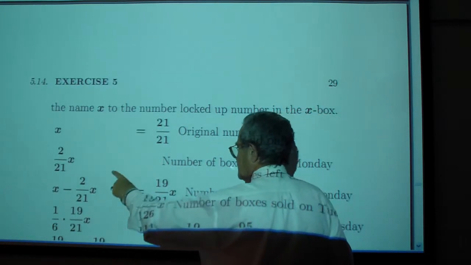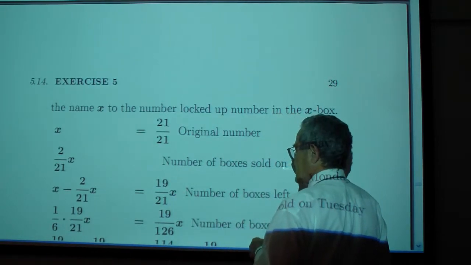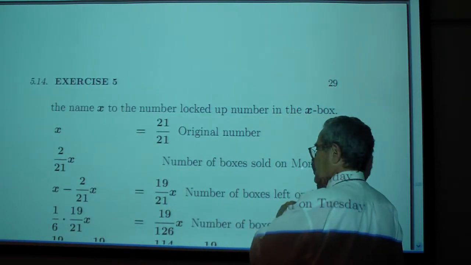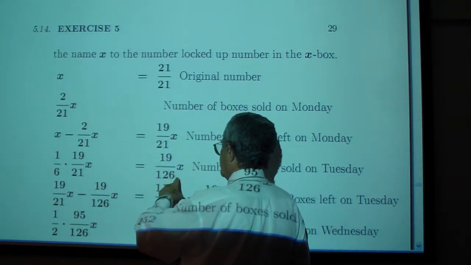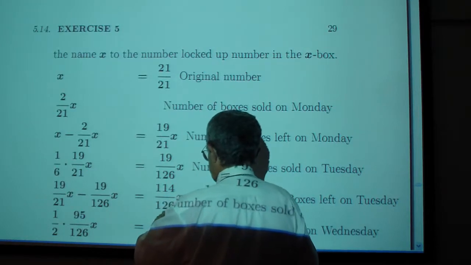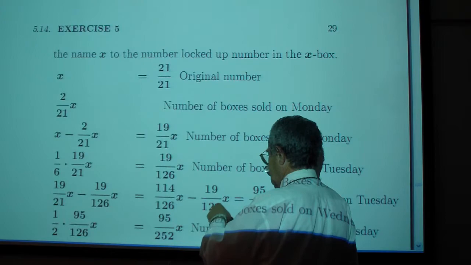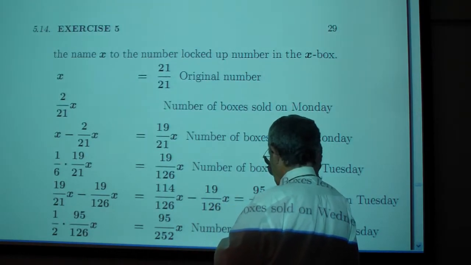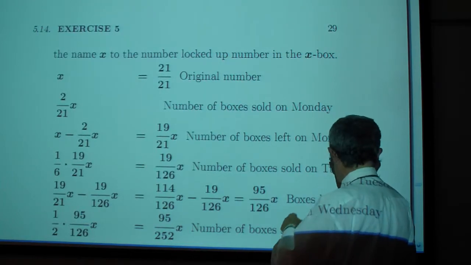You're left with x minus 2/21x, 19/21x left on Monday. You take 1/6 of that number, which gives you 114 over 126x minus, you subtract it, so minus 19 over 126x. You are left with 95 over 126x.